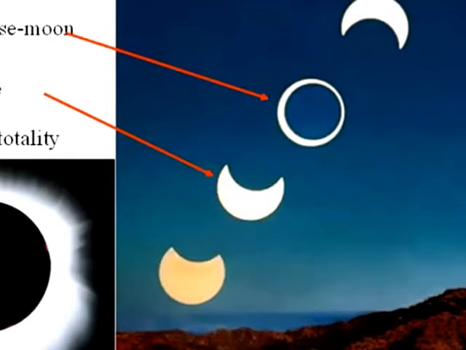Notice over here we have the total eclipse. Here, however, we have a partial eclipse and a ring eclipse, or an annular eclipse. Annular means ring.